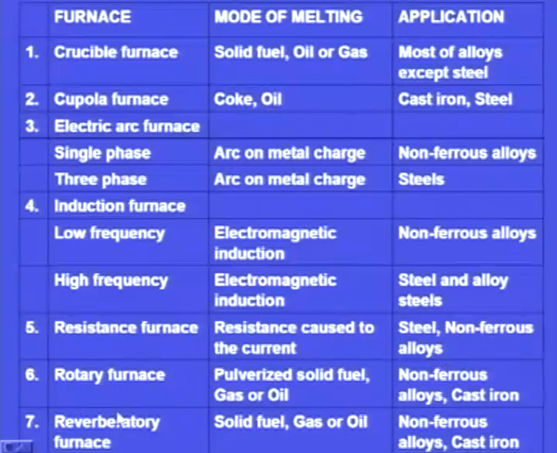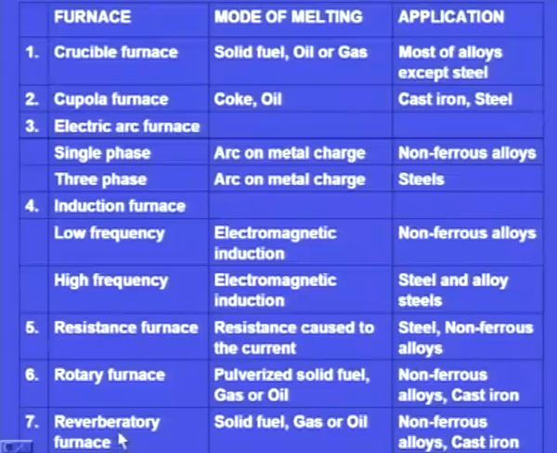We have also learnt the principle of rotary furnace, and the mode of melting is by burning pulverized solid fuel, gas or oil, and it is used to melt non-ferrous alloys and cast iron. This is also used for superheating liquid metal which is tapped from the cupola furnace.